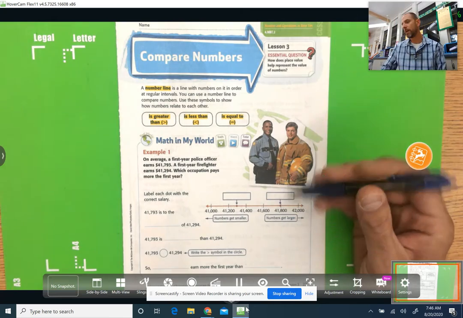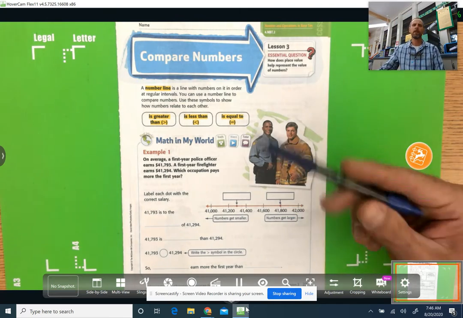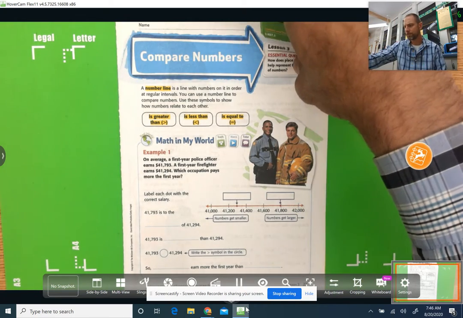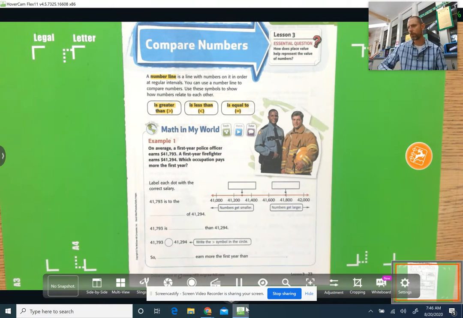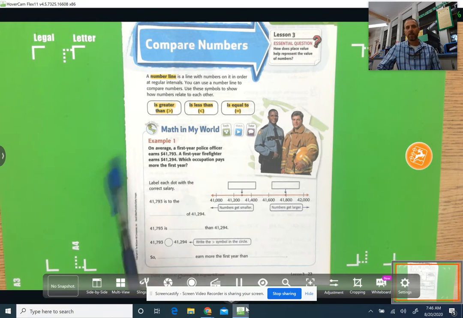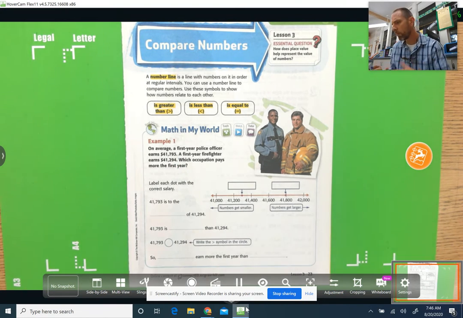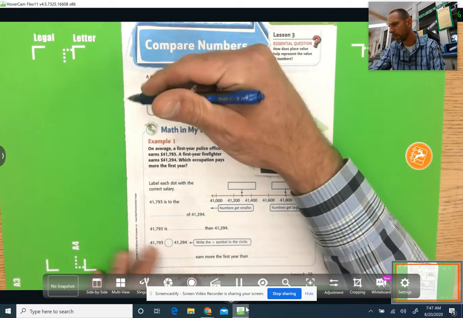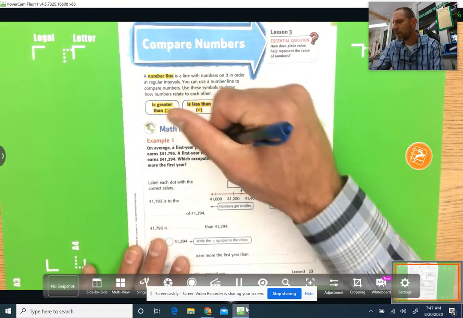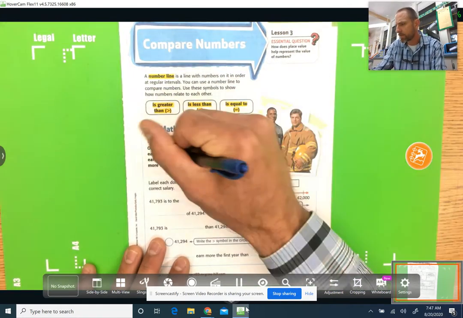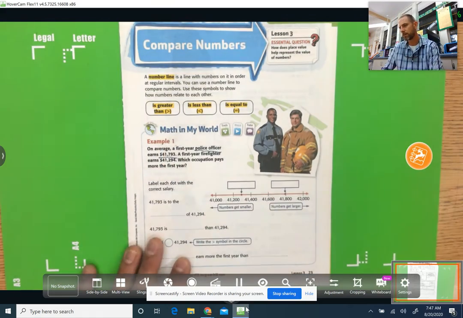So in looking at some of our examples here on this front page, page number 23, we are looking at some numbers on this number line. And this example problem here is bringing meaning to those numbers. And so what are we working with? We're working with, on average, police officers first year making $41,000 a year.